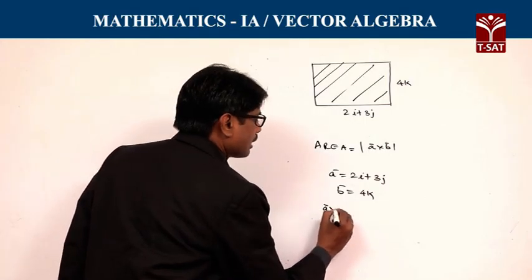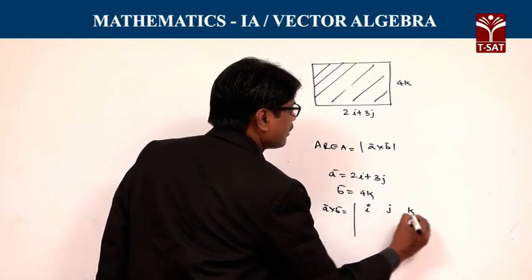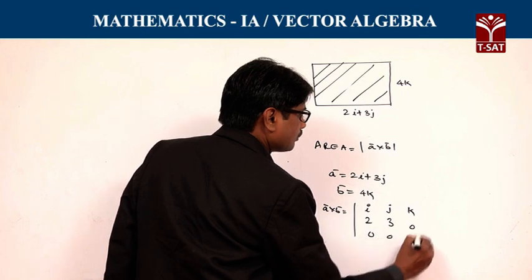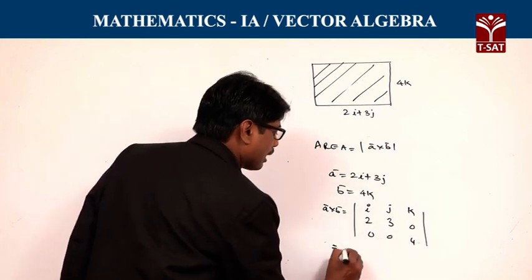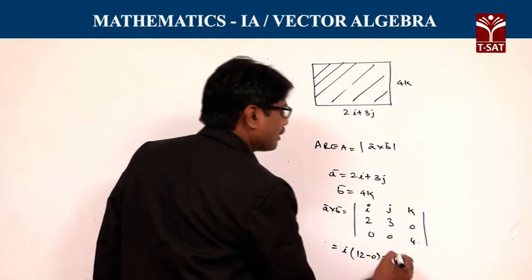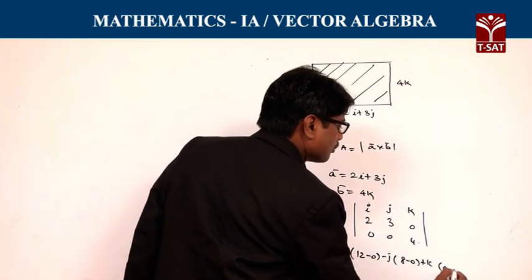So first, a bar cross b bar is equal to the determinant of i bar, j bar, k bar; 2, 3, 0; and 0, 0, 4. On expanding this determinant, i bar times of 12 minus 0, minus j bar times of 8 minus 0, plus k bar times of 0 minus 0.